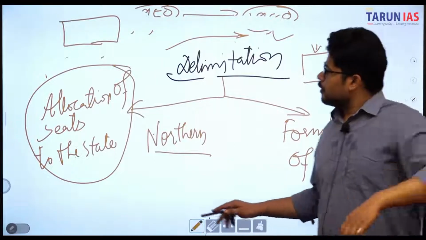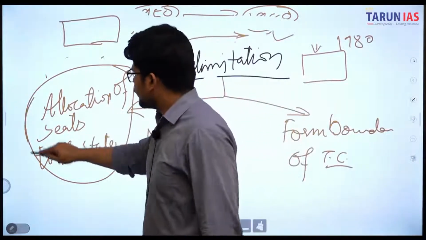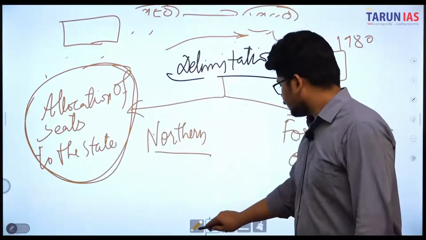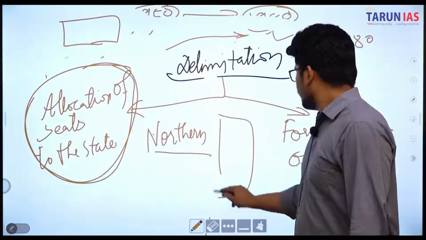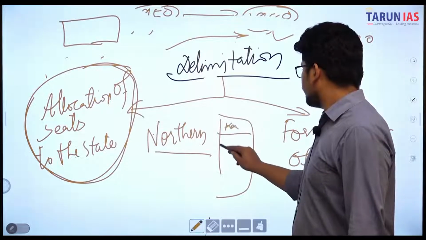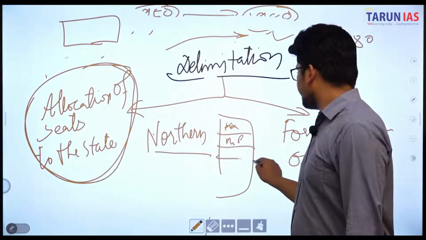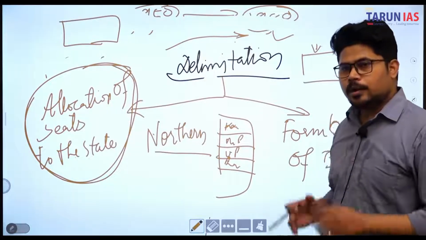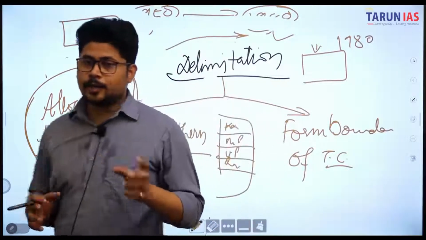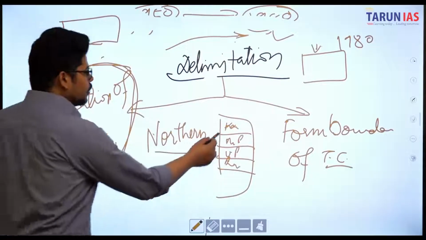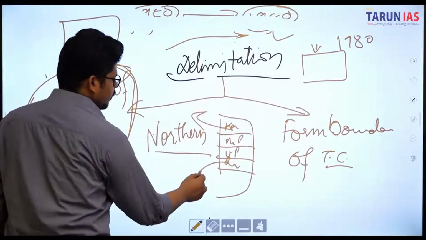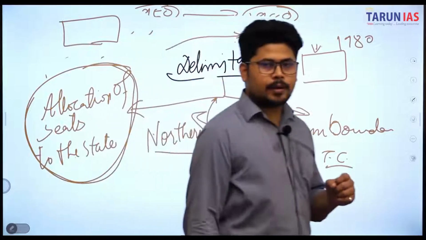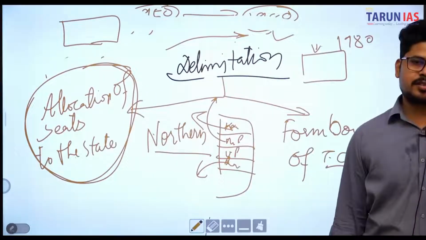What happened was, the allocation of seats, for example Kerala, MP, UP, Rajasthan: the number of seats allocated to every state in Lok Sabha will depend upon the population of that state.